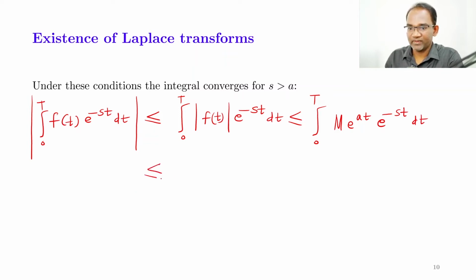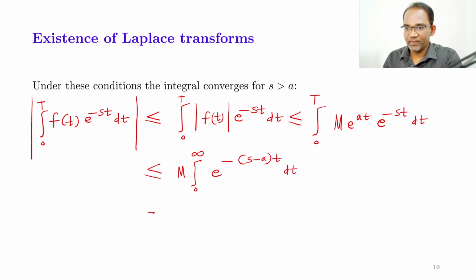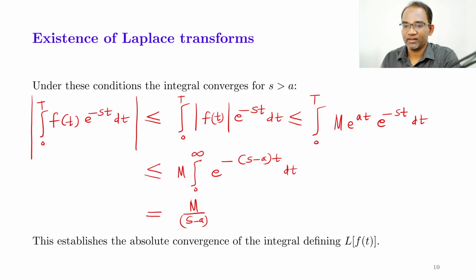This is M times the integral from 0 to infinity of e^(-(s-a)t) dt, which will be equal to M over (s - a). Thus, we demonstrate the absolute convergence of the integral defining L{f(t)}.